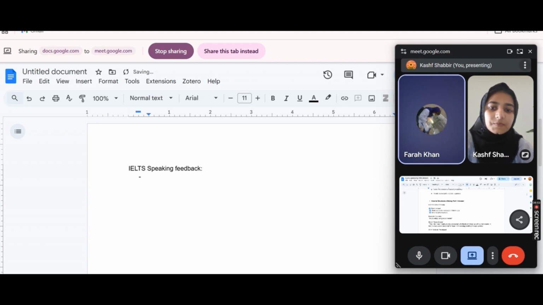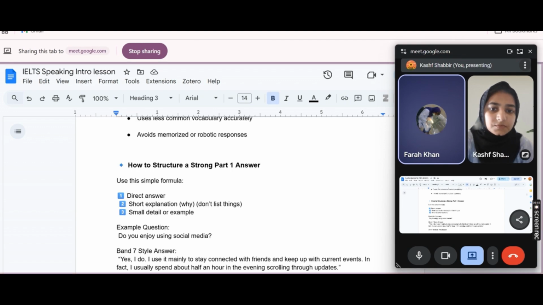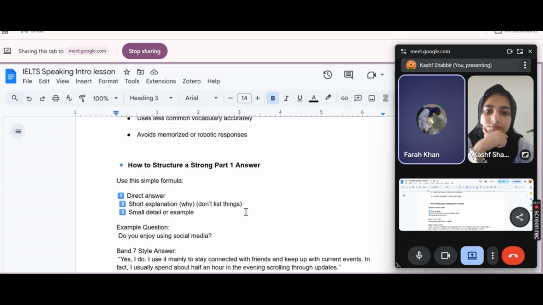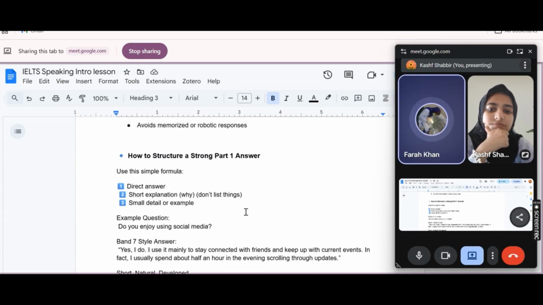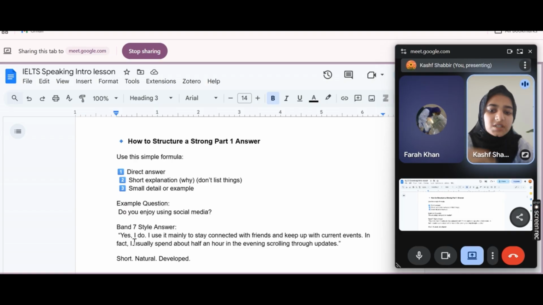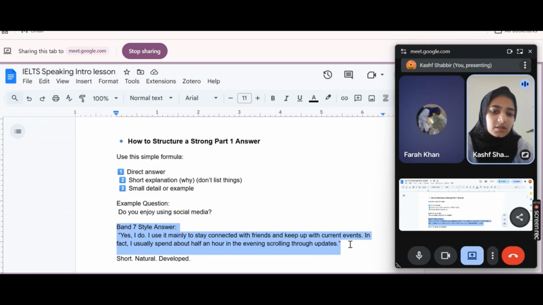And then thirdly, there is another extended explanation: I usually spend about half an hour in the evening scrolling through updates. So this is just an explanation. Point three, yes, a small detail, that is how much time I spend on social media and how I spend it, right?